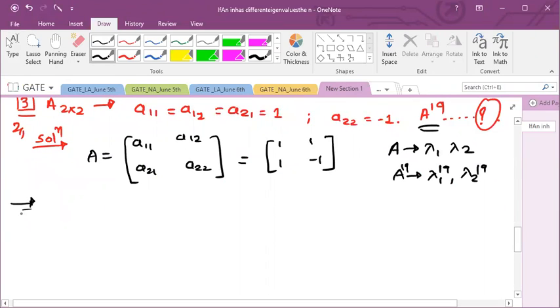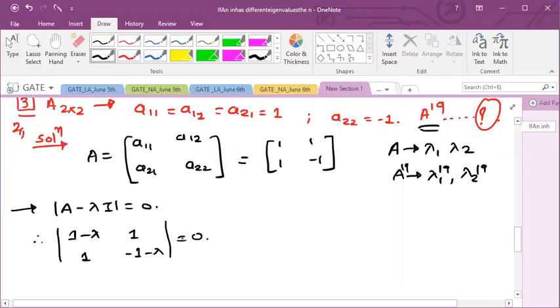To find the eigenvalues of A, let us take the characteristic equation, that is determinant of A minus lambda equal to 0. You can do this directly, right? That was the first question, so I have explained it in detail. Now just subtract lambda from the diagonal. So it is the determinant of 1 minus lambda, 1, 1, -1 minus lambda, equal to 0.